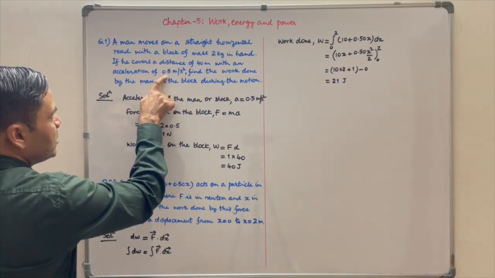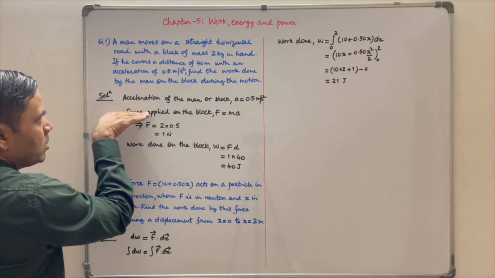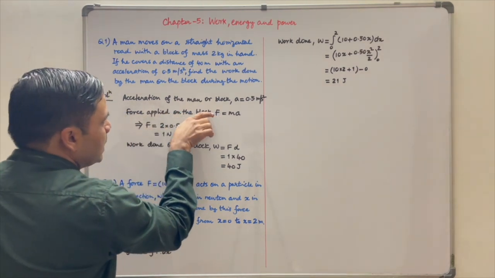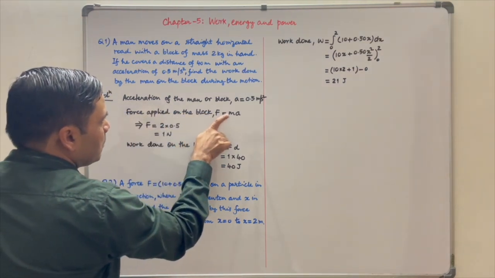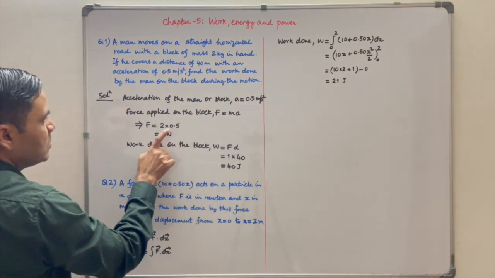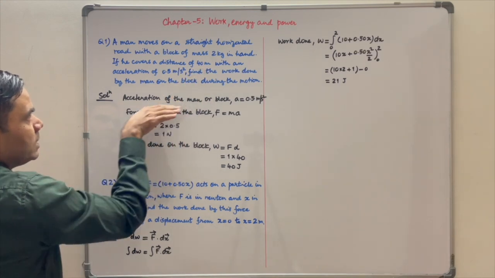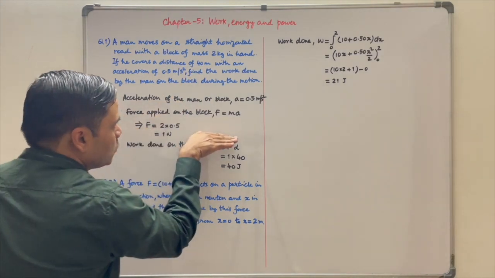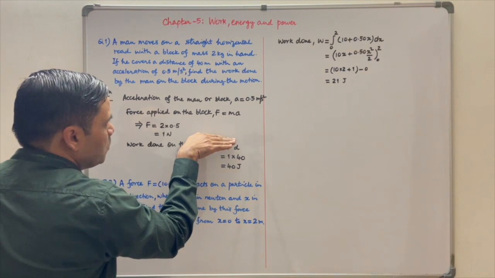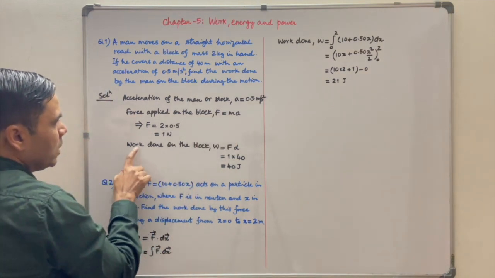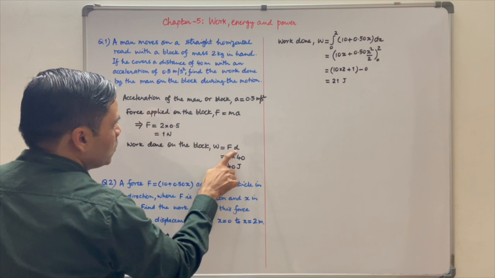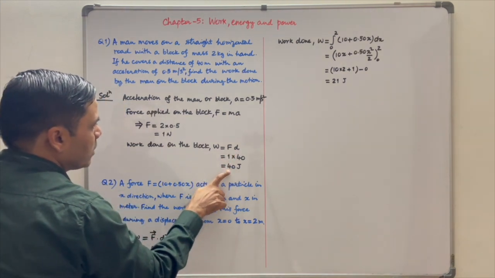So due to this acceleration, a force will be applied on the block in forward direction. Its magnitude is given as mass into acceleration, and that is 1 Newton. Block is getting displaced by 40 meter in the direction of applied force. So applied force and displacement both are in same direction. So work done on the block will be force into displacement, and that is 40 joule.